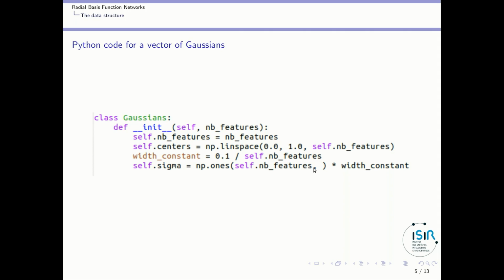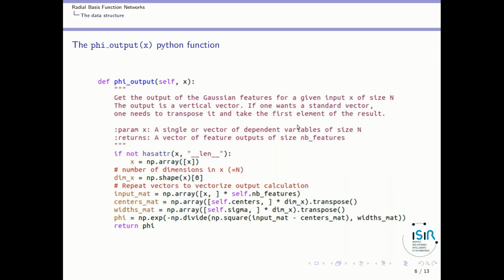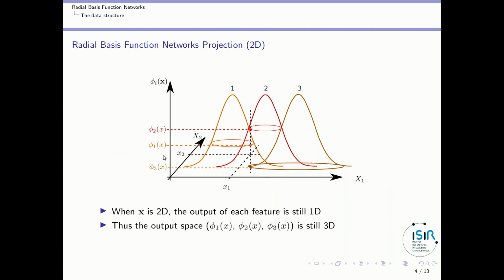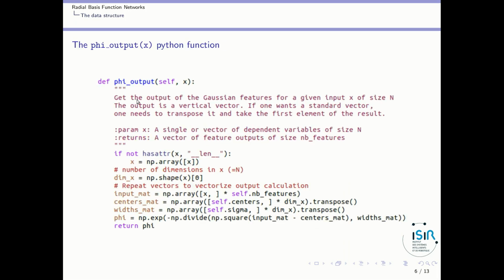That's simple. And then to compute the outputs phi1, phi2, and phi3 of x that I have shown you here, I am using the phi output function. It takes an x as parameter, and this x can be either a single value or a vector.